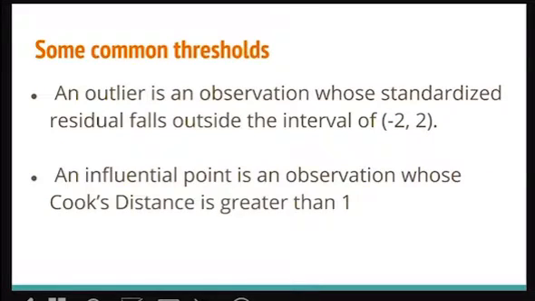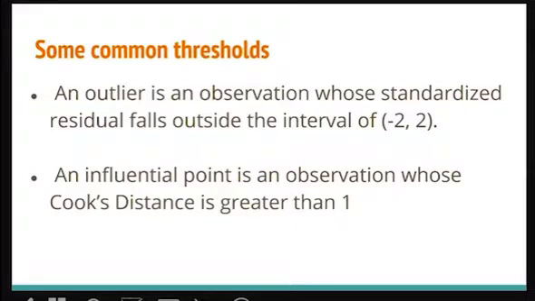If you want to use the standardized one, we can put it as -2 to 2. Any observation whose standardized residual falls outside -2 to 2 can be regarded as an outlier. But do you know at times some researchers extend this to -3 and 3? You know why? Because what you refer to as an outlier in your field may not be an outlier in mine.